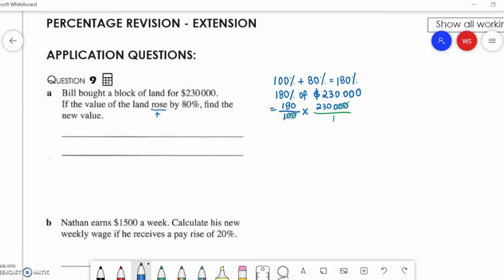So all we just have to do is multiply across. That's 180 times 2,300. That equates to 414,000 over 1. So make sure you don't forget your units. Dollar sign 414,000. Okay, so with your answer, the new value is $414,000.